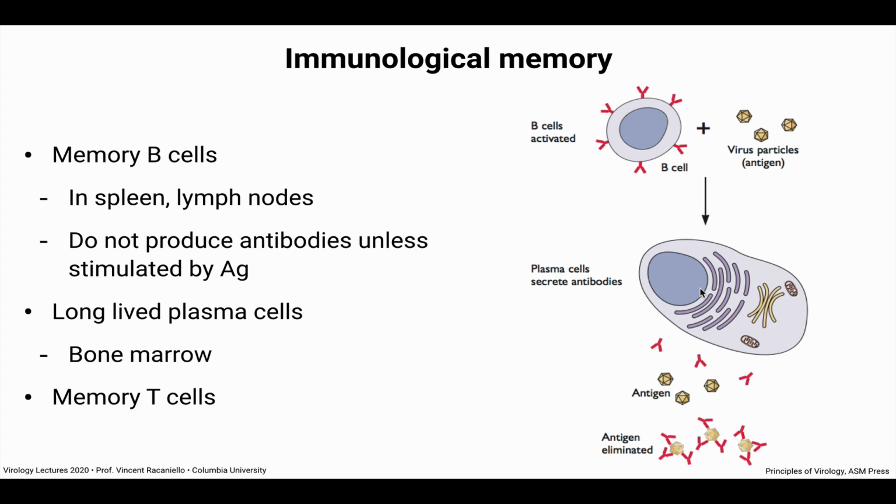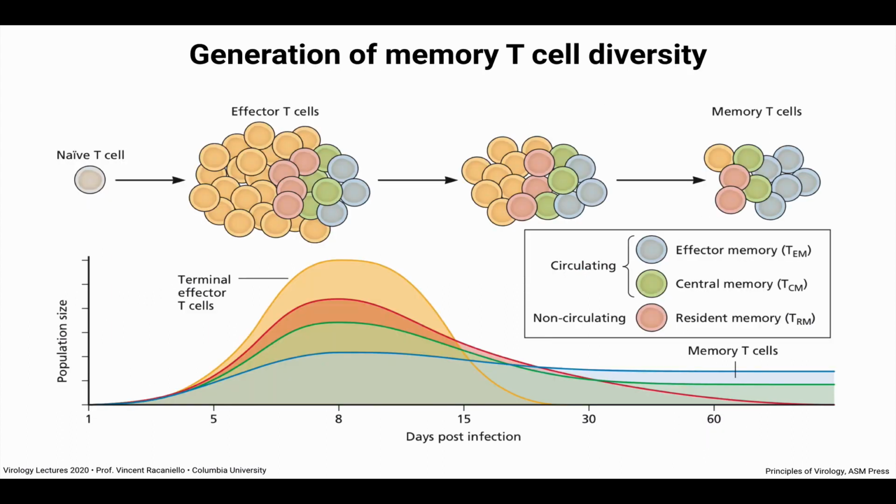We also have memory T cells. Here's a graph showing how that works. Here we're looking at the population size of various T cells with days after infection. And this is basically the induction and contraction of the T cell response to a typical acute infection. So you have the infection beginning.